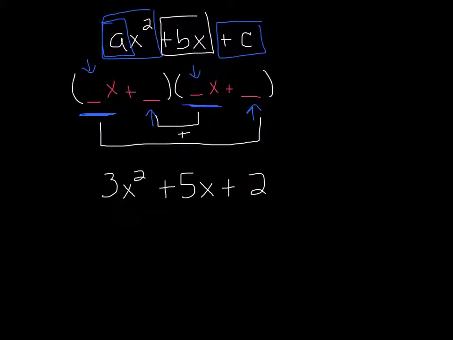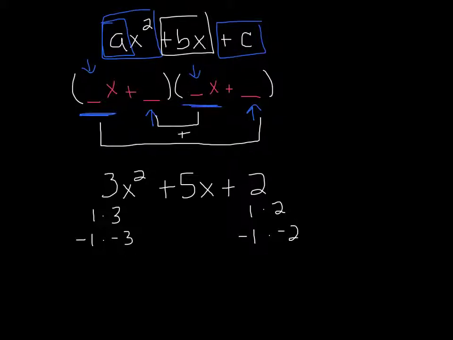Well, what multiplies to be 3? You only have 1 times 3, okay? But it's positive, so you could also do -1 times -3, right? So don't forget that. Now, the factors of the last term, you have 1 times 2, or you have -1 times -2, because it's positive again, right?